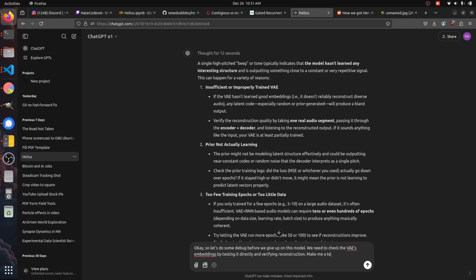Make me a test.py file script that tests for the different cases. We need optics on this that can help us figure out what is going on, given most possible scenarios. I mean, this is more of a higher level explanation.